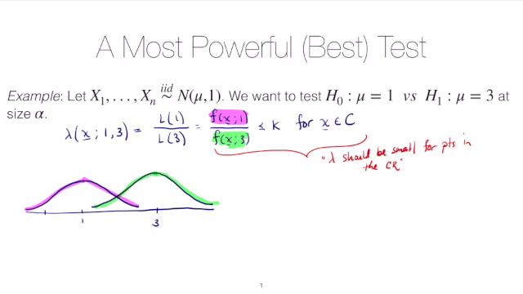Imagine we chose a boundary C here, and then we chose our critical region to be out here, and what might allow us to do that is that this area here is alpha. This meets the criterion that the area under the curve is alpha, so this critical region has probability under the null being alpha, so that meets the desire that we have a test of size alpha.